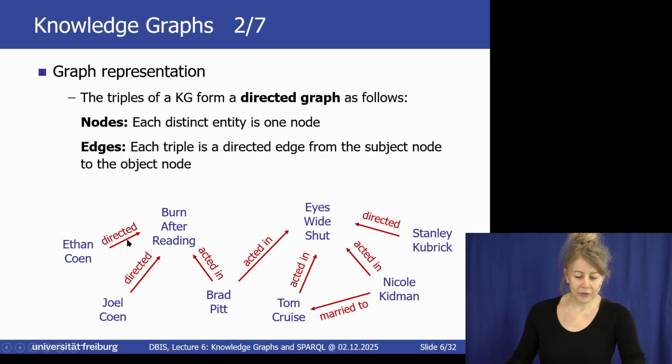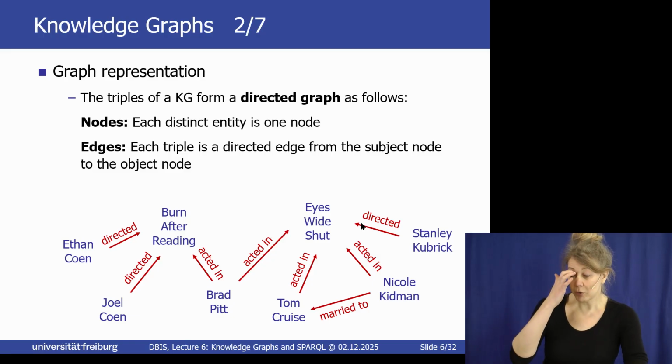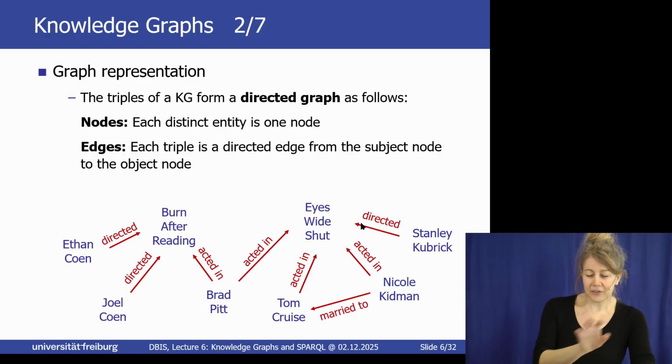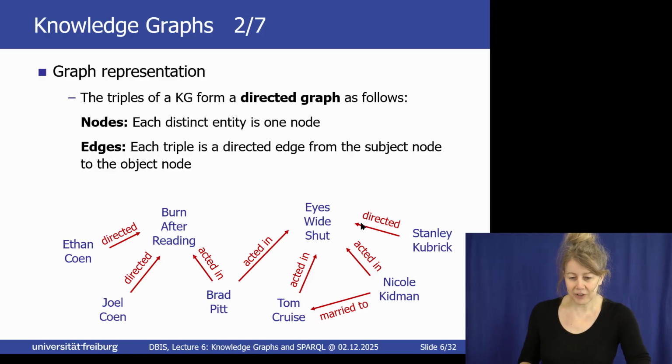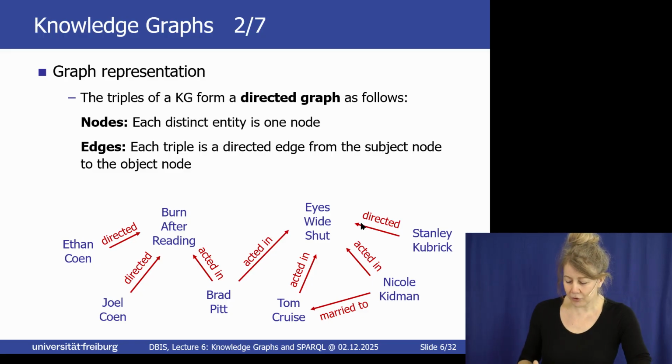So this person directed this movie, this person directed this movie. Here this movie has this actor, this director, so you have many things pointing to one node. A node can have many properties. This is exactly the same thing as on the previous slide. So sometimes you call it triples, sometimes you call it knowledge graph, it's the same thing.